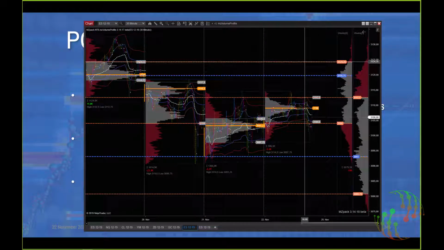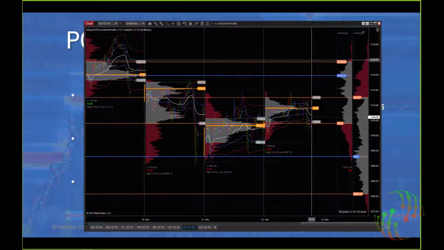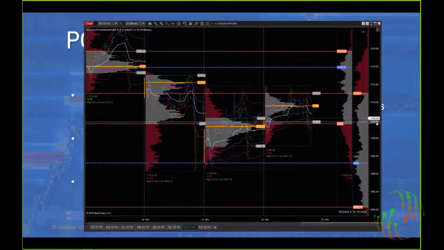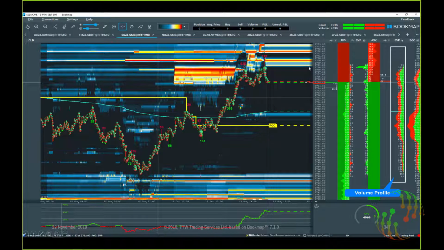You can also use these POCs as a marker in your Bookmap chart. Maybe they are coming together with liquidity. So it's always good to know what a volume profile is and what a POC is.